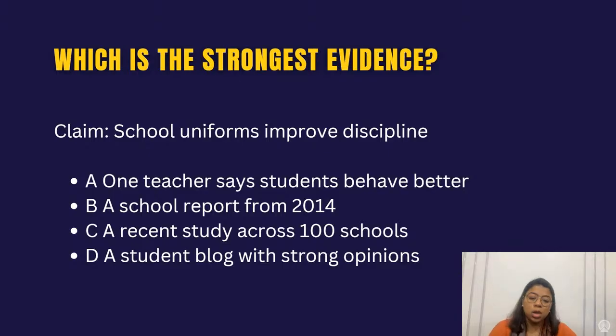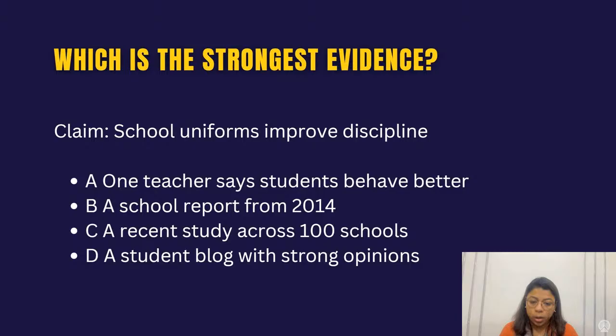A school report from 2014, a 12-year-old report, is too old. It might not fit today's world. A recent study across 100 schools, good sample size. Even if you consider one school having 100 students, it is still a good number. And a student blog with strong opinion is weaker than C for sure. And again, the word opinion. If it would have been argument, then I would have still thought about it, but not opinion for sure.